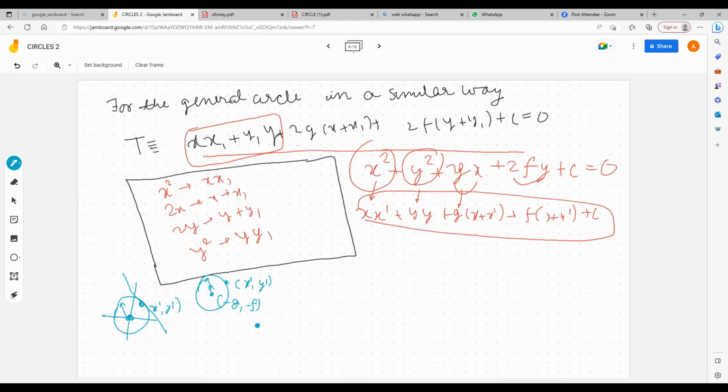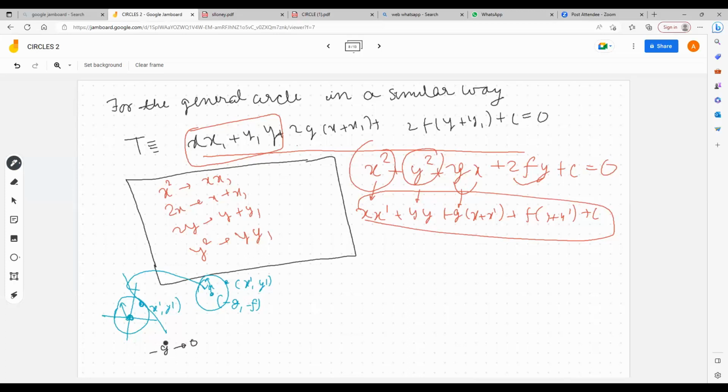How will we do it? Suppose we just move our coordinate axis to this point, then it becomes the same thing as this. The dark circle has a radius a and it is centered at 0, comma 0. And for this change of axis, what we want is to make minus g to 0.